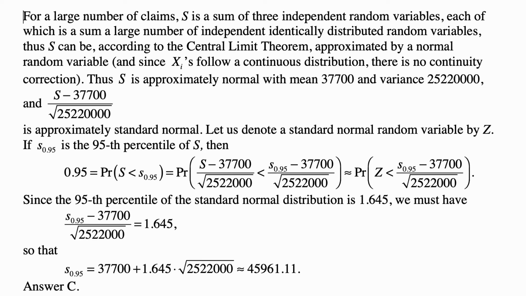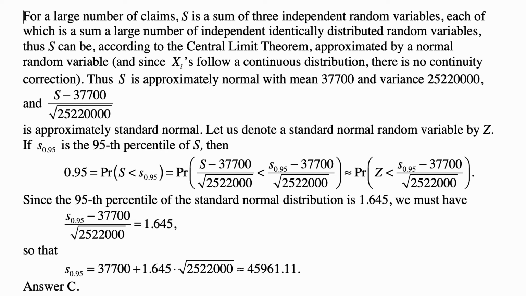For a large number of claims, S is a sum of 3 independent random variables, each of which is a sum of a large number of independent, identically distributed random variables. Thus, S can be, according to the central limit theorem, approximated by a normal random variable, and since xi's follow a continuous distribution, there is no continuity correction.